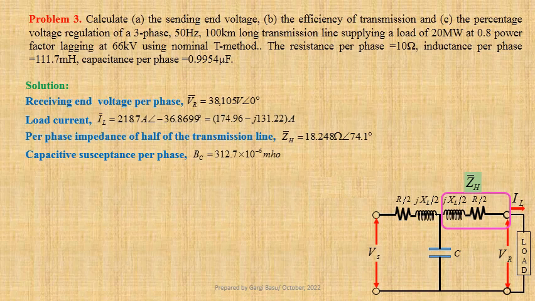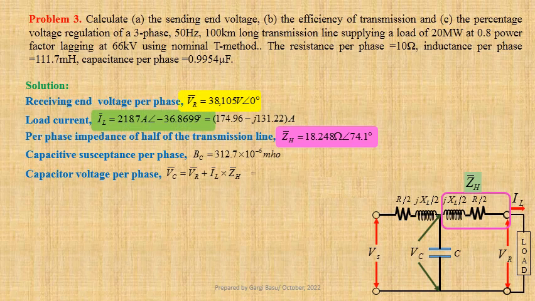Let us now calculate capacitor voltage per phase. Vc equals VR plus IL into ZH. Using values we get 38,105 at an angle 0 degree plus 218.7 at an angle minus 36.8699 degree into 18.248 at an angle 74.1 degree.